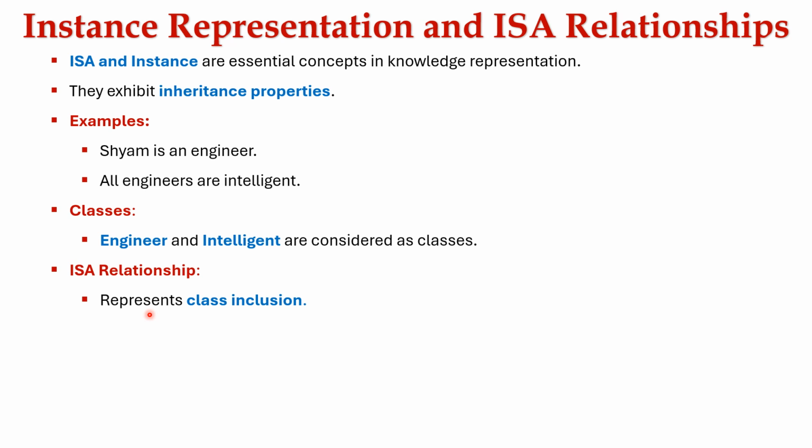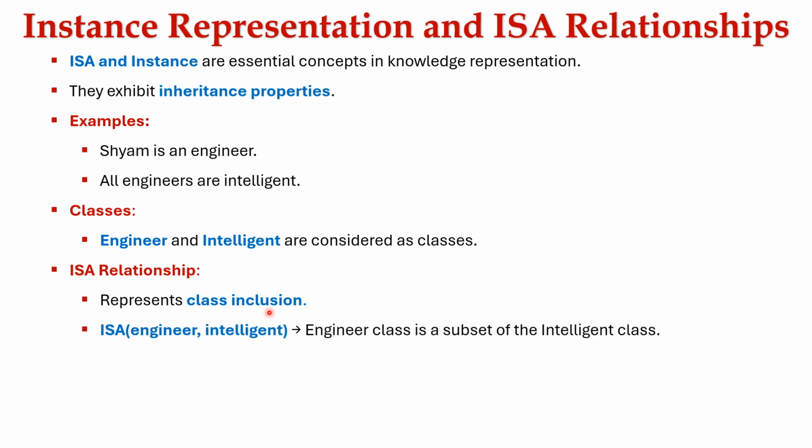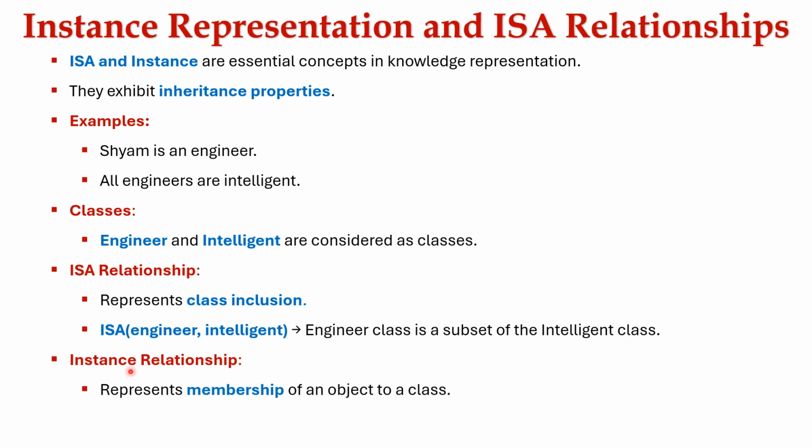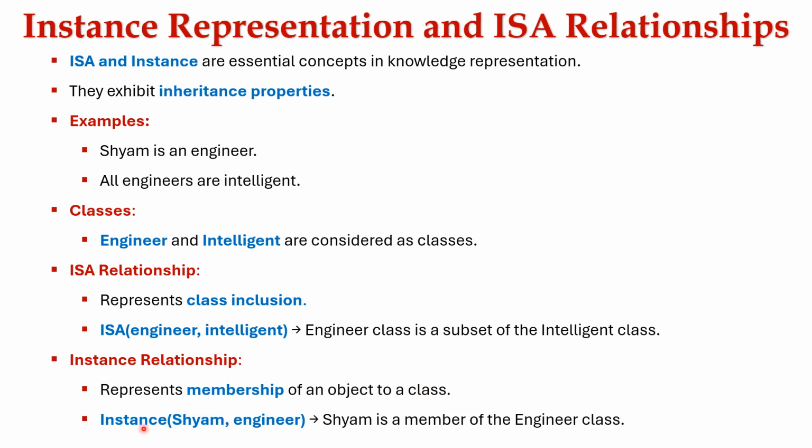The is-a relationship represents class inclusion. Is-a of engineer, intelligent represents that the engineer class is a subset of the intelligent class. The instance relationship represents the membership of an object in a class. That is, instance of Shyam, engineer represents that Shyam is a member of the engineer class.